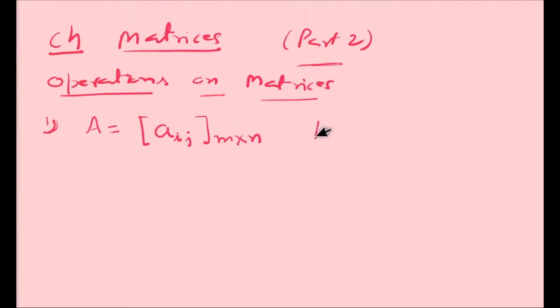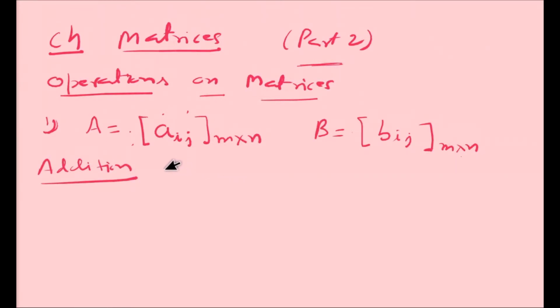Okay, now let B matrix, the members is denoted by Bij. Let order is same, m into n. Both are same order, therefore number of rows and number of columns are same in both matrices. Now first we talk about addition.